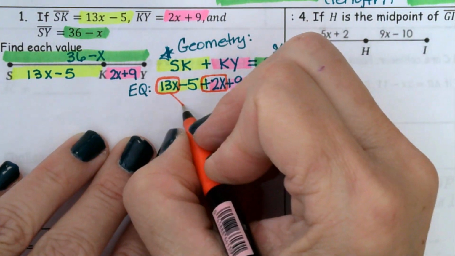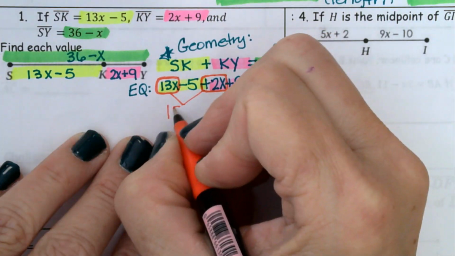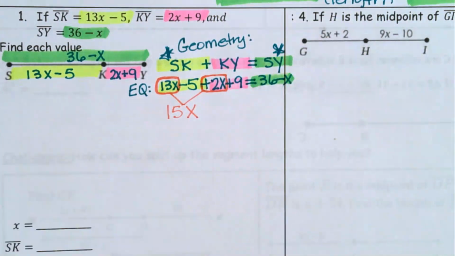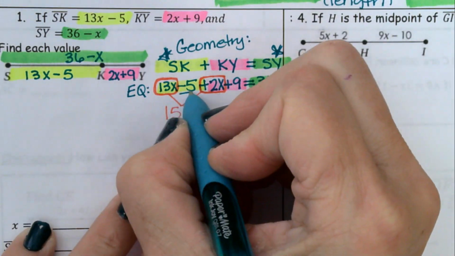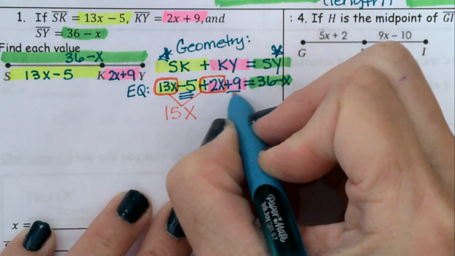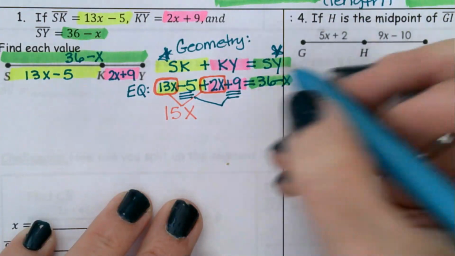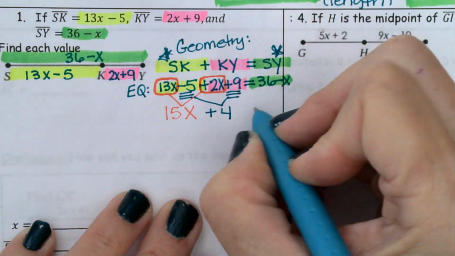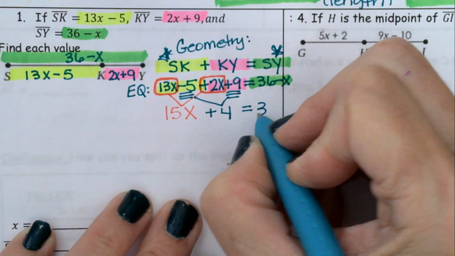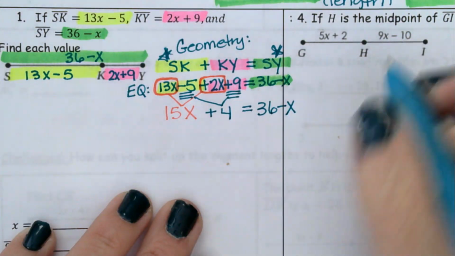Okay, so these two are 15x. Everybody see what I just did? Okay, what about, I have a -5 and I have a +9. If I combine those, what's that? 4. And then an equal sign, and then 36 minus x.